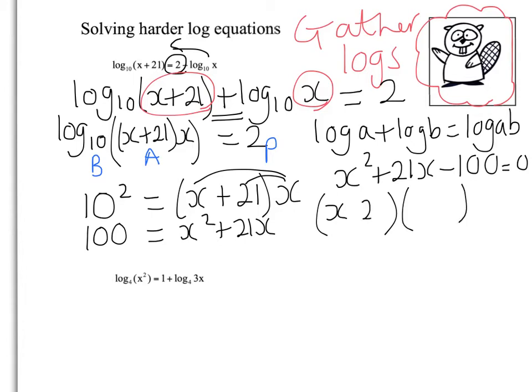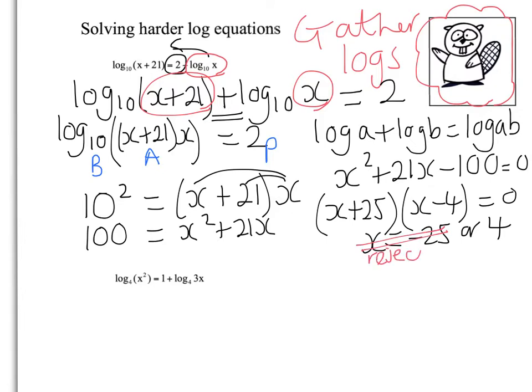So it's definitely going to be a plus 25 and a minus 4, and therefore x is minus 25 or x is 4. And of course, if we look back up at the question, we can't have log of base 10 to the minus 25, so we reject this answer, and then our answer is just x equals 4.